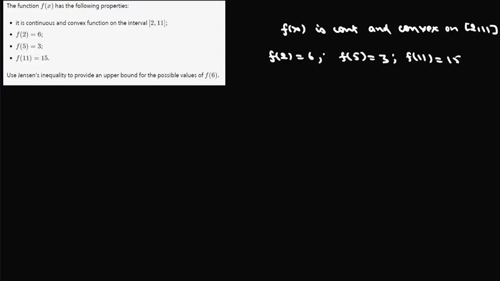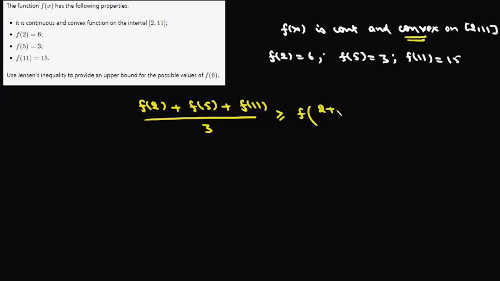Now if we use Jensen's inequality for this function, which is a convex function, we know that (f(2) plus f(5) plus f(11)) by 3 will be greater than or equal to f of (2 plus 5 plus 11) whole divided by 3.